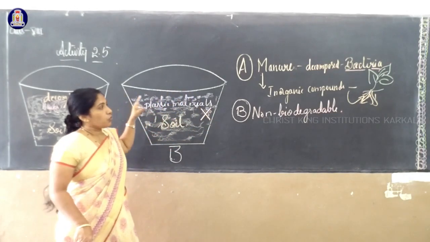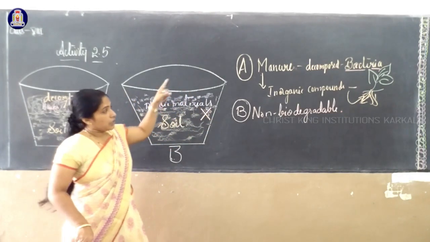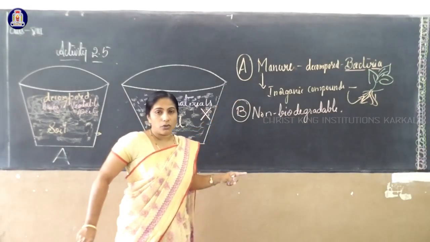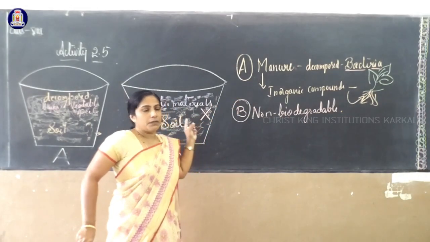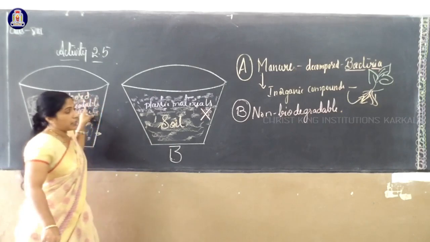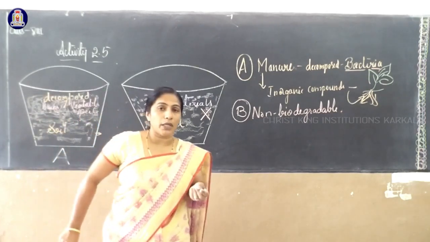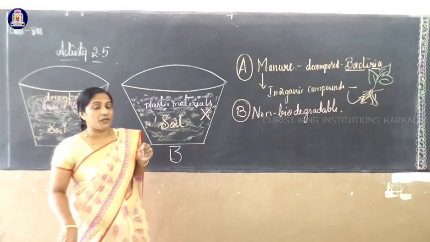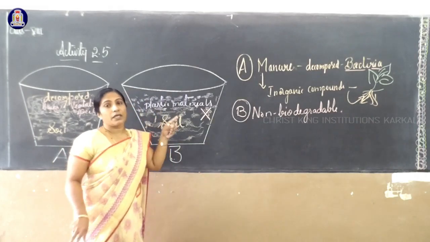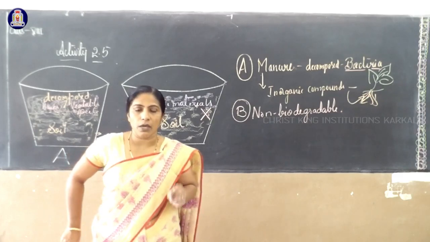So the observation is that we need bacteria to convert the plant materials, the dead plants and animals. So we require microorganisms. That's why we can prove that microorganisms are beneficial and very useful to us. That is one activity.